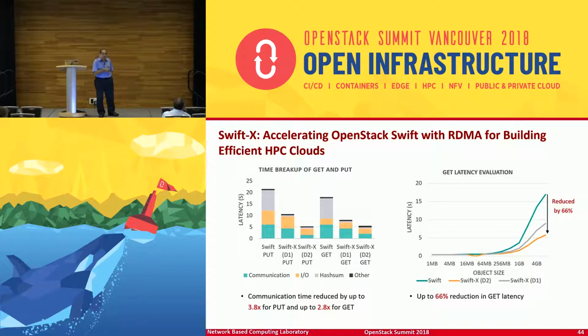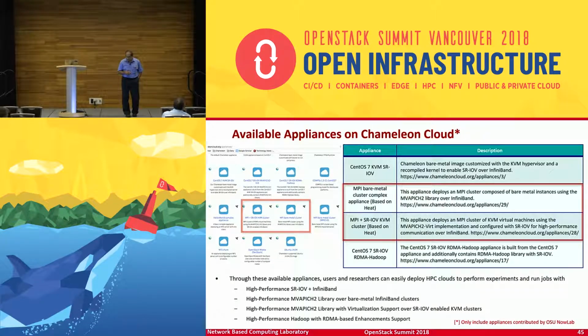This is still in research and has not been released yet; we are trying to add more enhancements to this design. As some of these designs come out, as I indicated, you can download our stacks and deploy them on your system. We have also converted some of these into appliances, available on the Chameleon cloud, the US NSF-based research testbed.